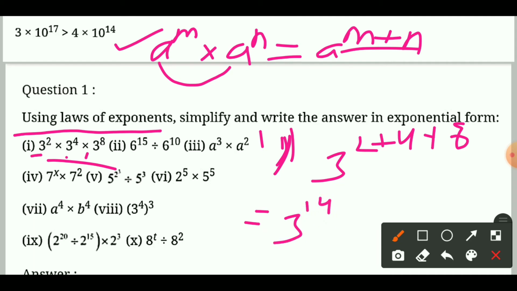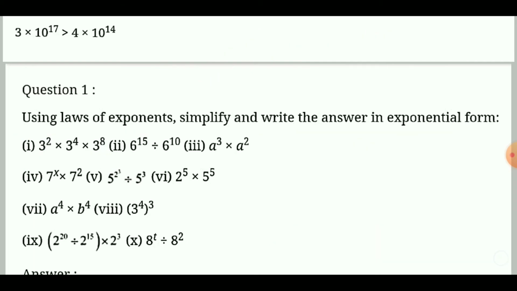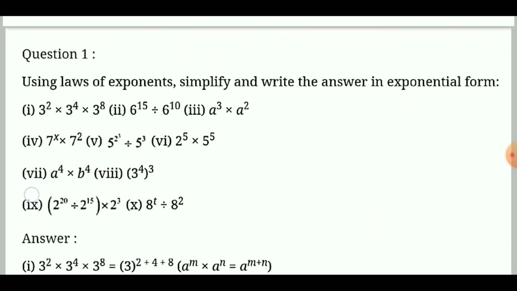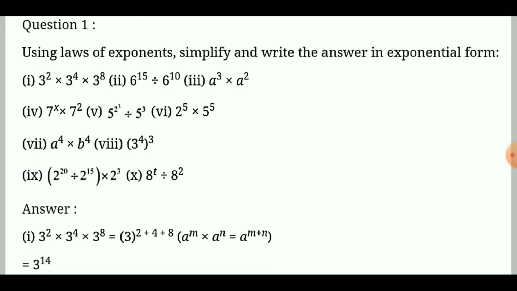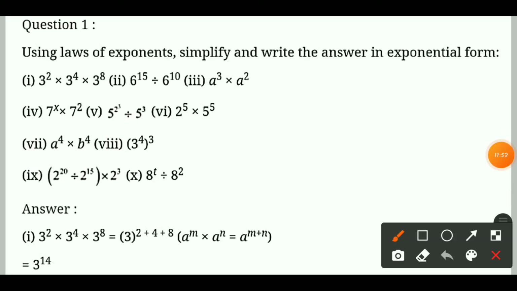So 3 raised to power 14 is the answer of the first question. See how you have to write in your copies. Understand? You can see here 3 raised to power 2, 3 raised to power 4, 3 raised to power 8. Here the bases are the same, so we are going to add all these powers. And which law have we used here? This one.